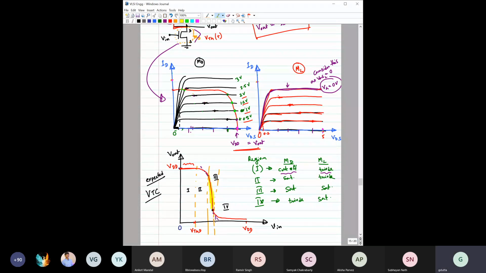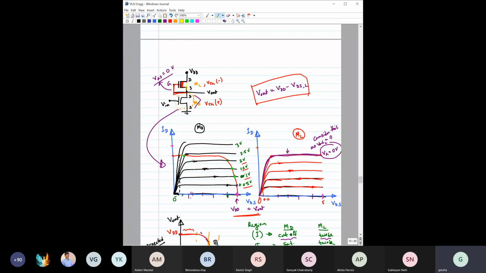So now if I ask you to find the slope in this particular region, please don't say that we have not discussed this in class. We are not doing it because it is repetitive. If you understand the basic thing, the equations are the same. Write the equations for the saturation region for both this transistor and this transistor, equate the current, and that will give you the V output versus V input relation.